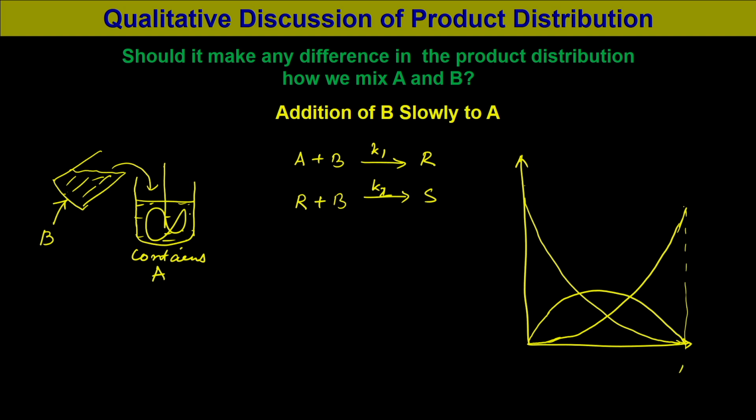As we can see, this is delta B, which is B naught minus B, the moles of B consumed during the reaction, and this is the concentration of the material in the mixing tank.